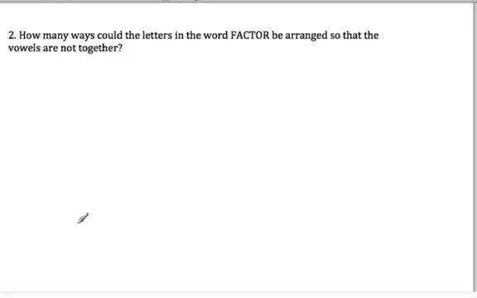So now the next question, in how many ways could the letters in the word factor be arranged so that the vowels are not together? So again, we can use the indirect method.